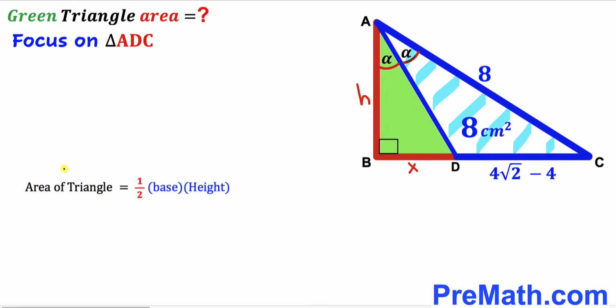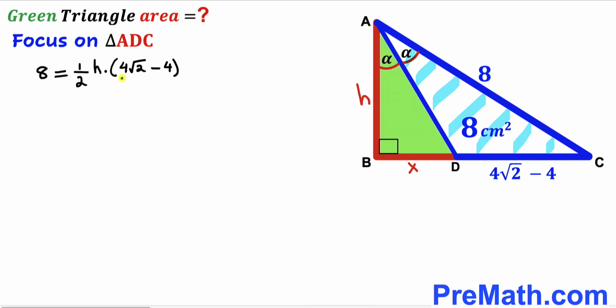Therefore, we are going to fill in the blanks in this formula. Area has been given to us as 8, equals a half times the height h times the base, 4 times square root of 2 minus 4.